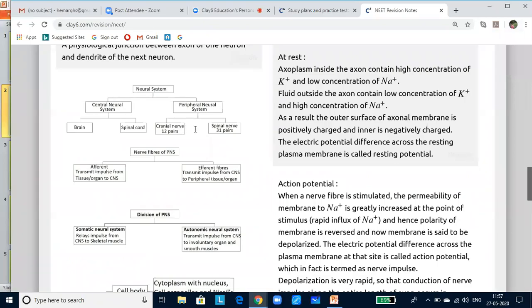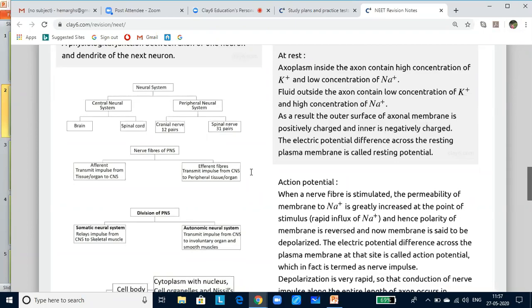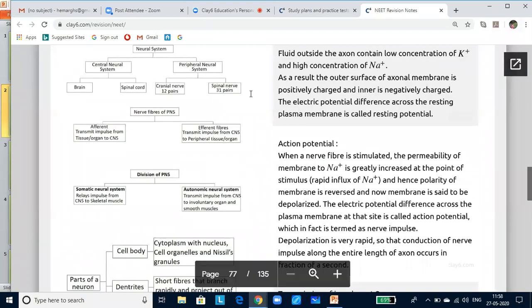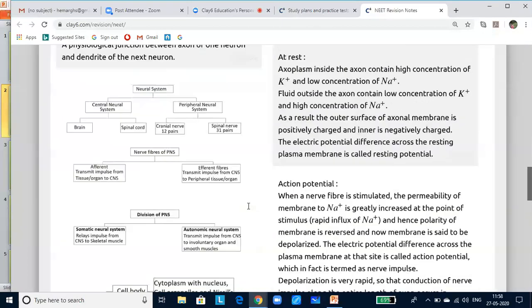Peripheral nervous system consists of cranial nerves and spinal nerves, and nerve fibers of the peripheral nervous system can be afferent nerves and efferent fibers. And how are the divisions of PNS? If you look at it, it is the somatic neural system and the autonomic neural system. With this framework, I'm going to explain to you about the human brain and other parts in detail.